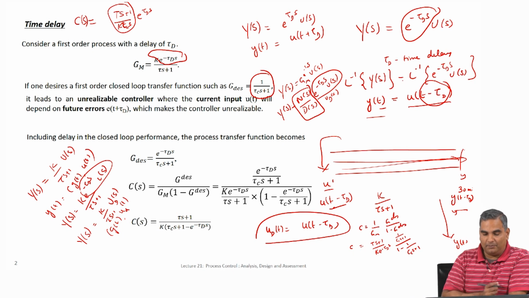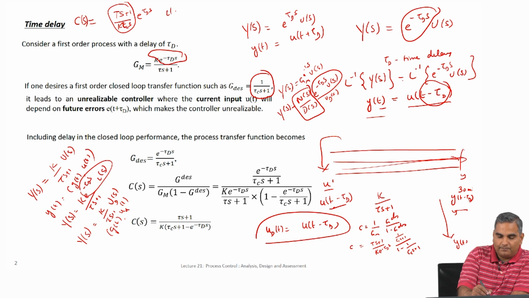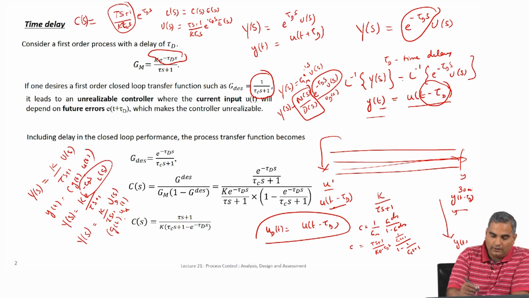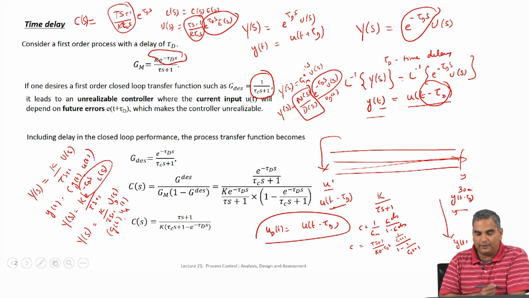Nonetheless, there is a problem here, because we know the controller is a transfer function between the input and the error. Okay. So, U of s is C of s E of s, and remember I told you that I write this U of s as (tau s plus 1) by k tau c s, e power tau d s, times E of s. Then basically what it says is, now this is a PI controller and the PI controller is acting on a variable which is e power tau d s E of s.